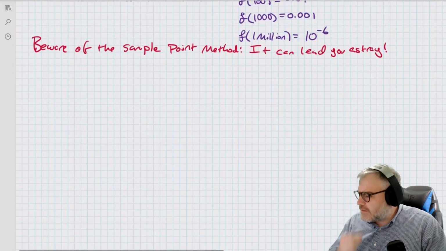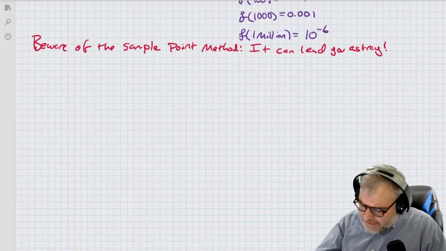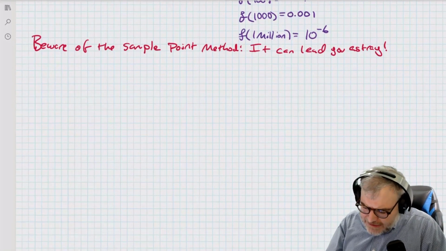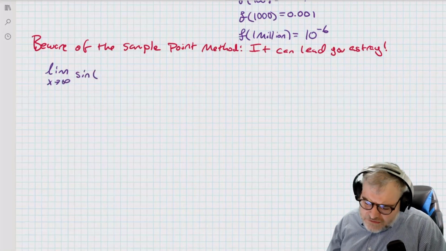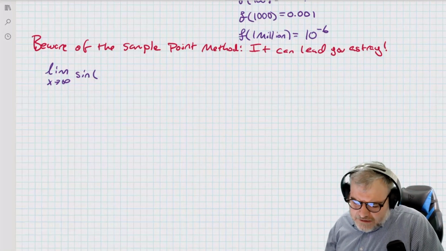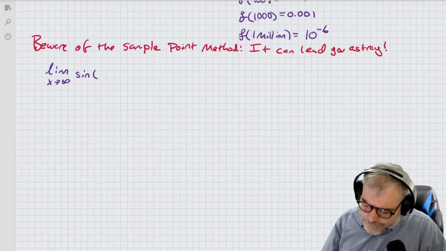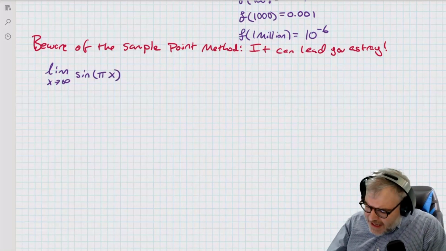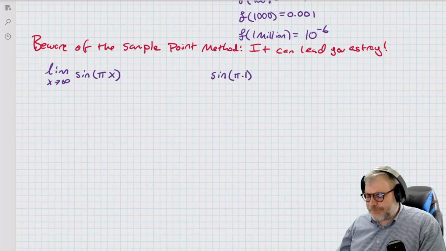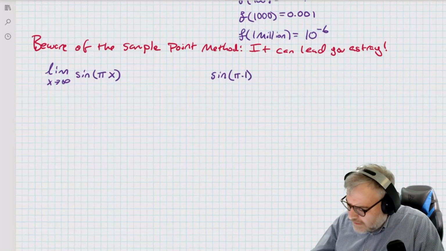All right? So let's look at f of x equals sine of x. So let's look at the limit as x goes to infinity of sine of x. Not sine of x. Let's do sine pi x. Okay? So what is sine of pi times 1? Okay, well, let's look.